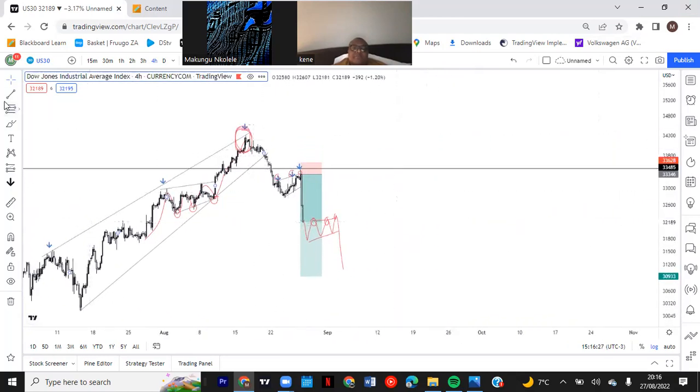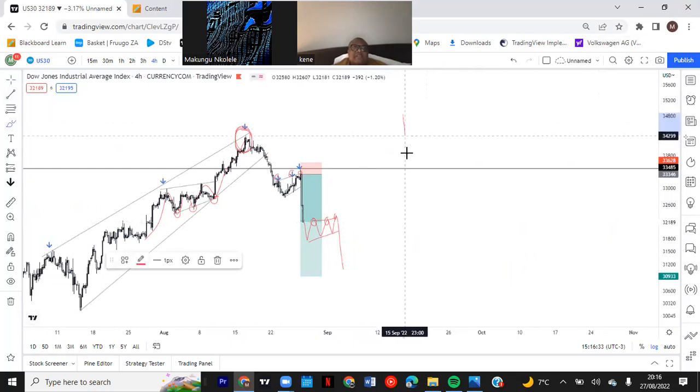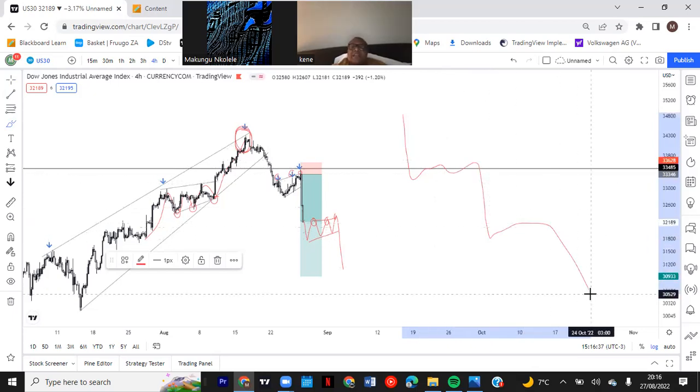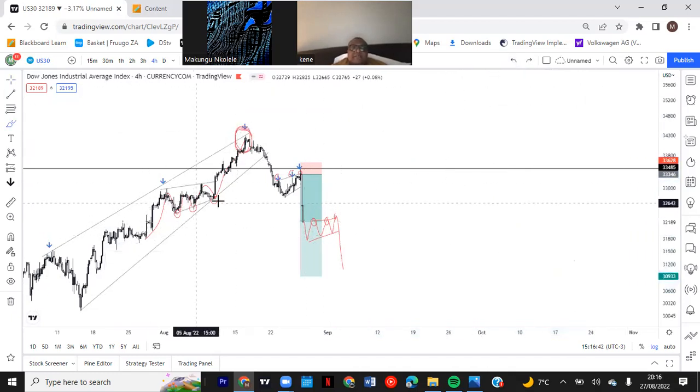The thing is, the market moves in two phases: an impulse and a correction. So you should take your trade within the correction, so you can catch the next impulse.